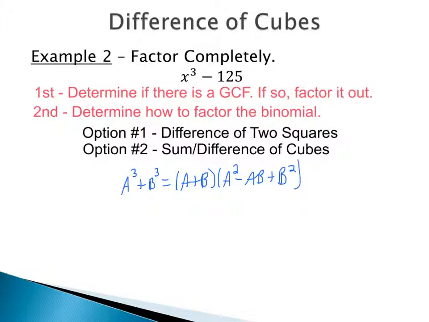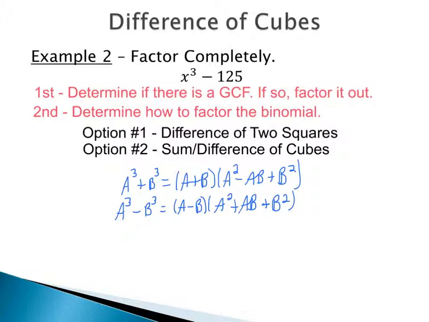If we had a difference of cubes, that would be of the form a cubed minus b cubed, which would factor into a minus b times a squared plus ab plus b squared. So both are kind of long, but as you can see, they're actually fairly similar. Each of your terms, a, b, a squared, ab, and b squared, are the same within both of them.